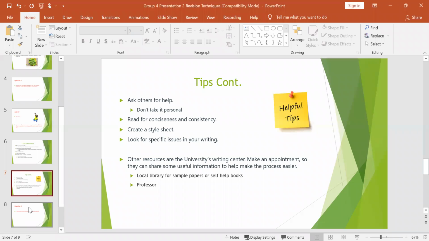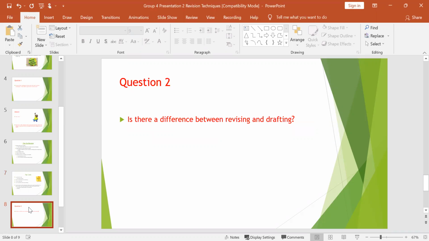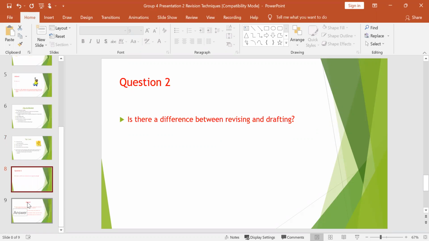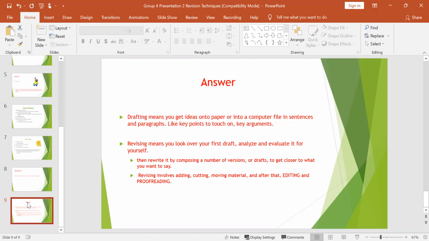Question number 2: is there a difference between revising and drafting? Drafting means you get your ideas onto paper, a sticky note, or a computer file, and you write down key points to touch on and your key arguments, jotting down certain things so you know what you need to write about.